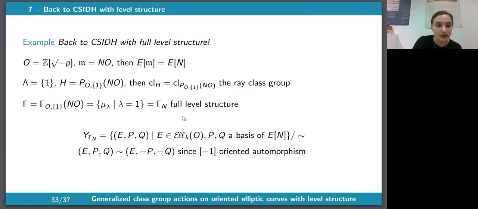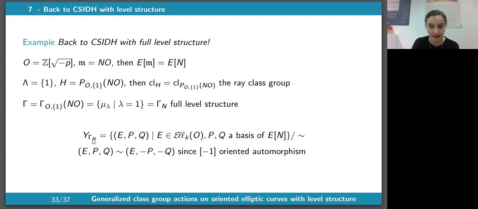And the gamma level structure here is now really multiplications by lambda, where lambda is taken to be from the set containing just 1. So indeed, this is just the identity, and gamma is then the full level structure as we expect. Now, the set of O-oriented elliptic curves together with full level structure is what we expect.